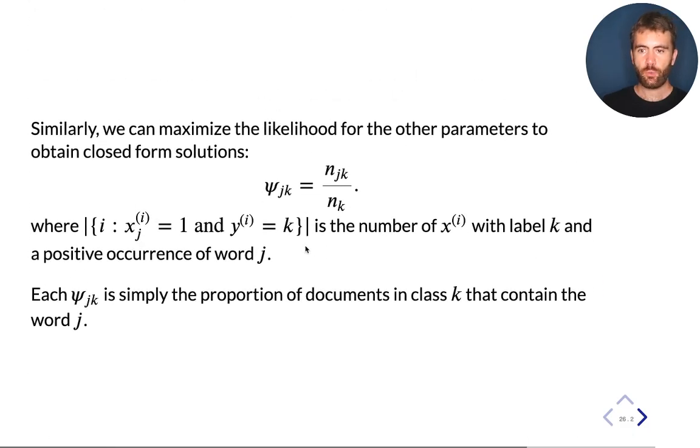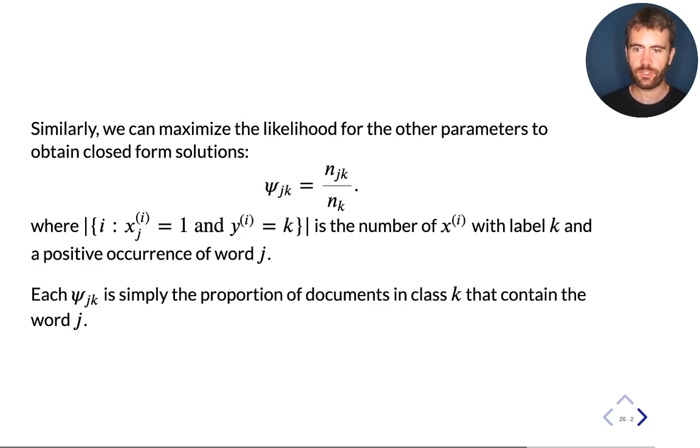And similarly, we can follow the same approach to derive a value for the parameters psi. Again, if you want to do it yourself, you would just take the expression that I had on the earlier slide where I was defining the maximum psi jk. This is a log probability. It's a Bernoulli log probability, so you can plug in the definition of a Bernoulli.